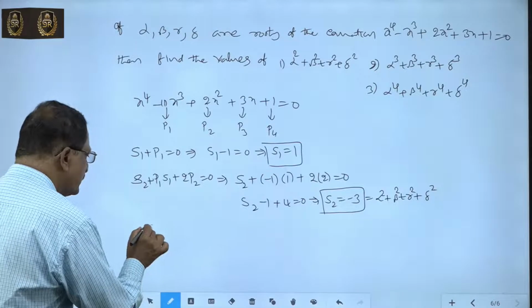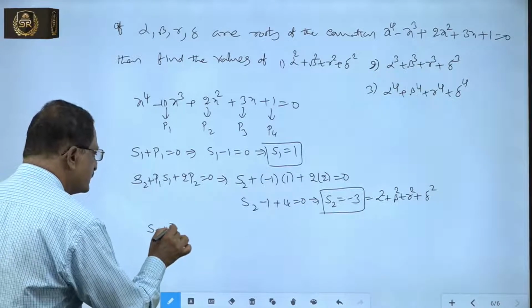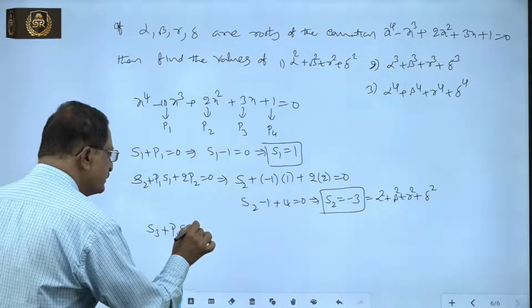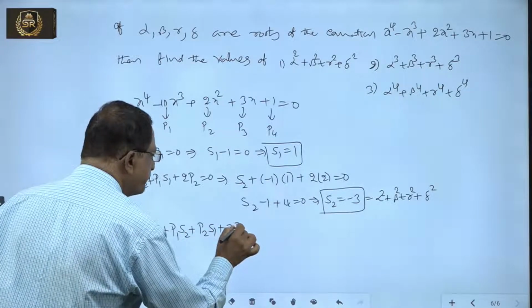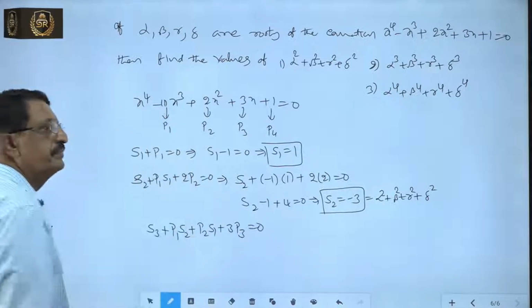Next, S3 plus P1 S2 plus P2 S1 plus 3P3 equals 0.